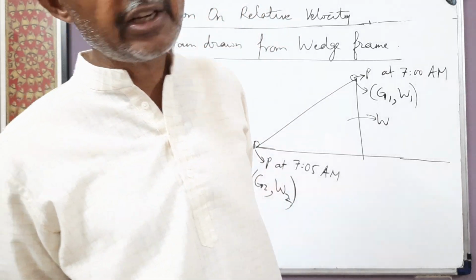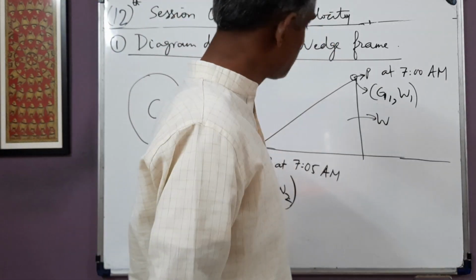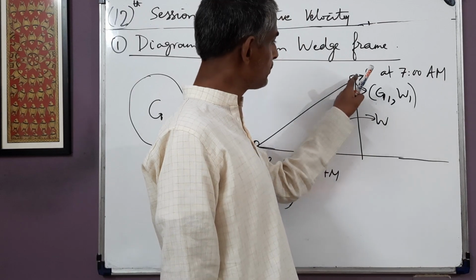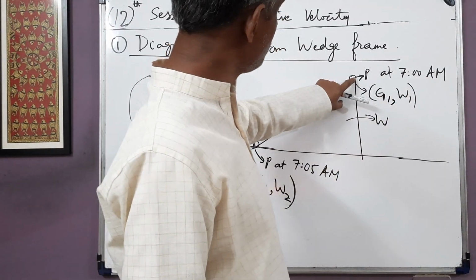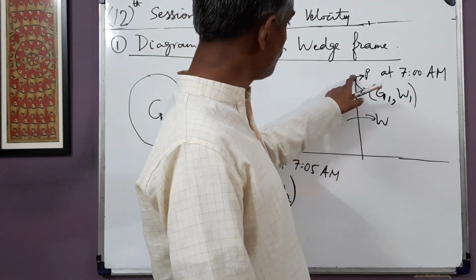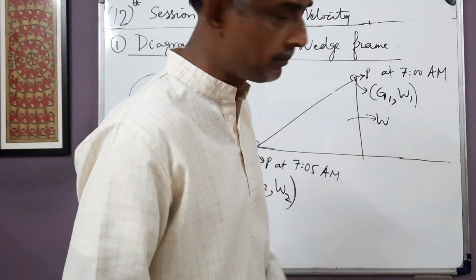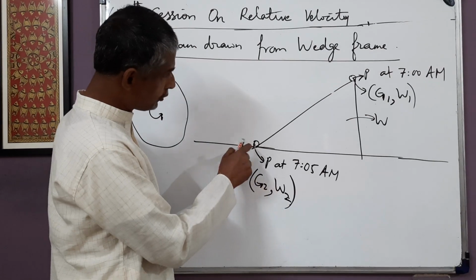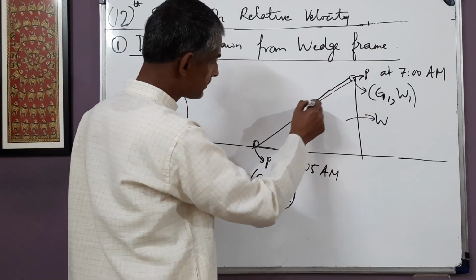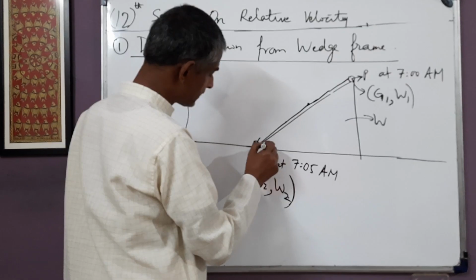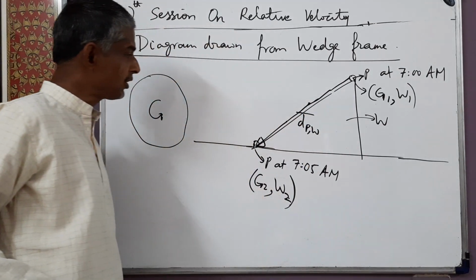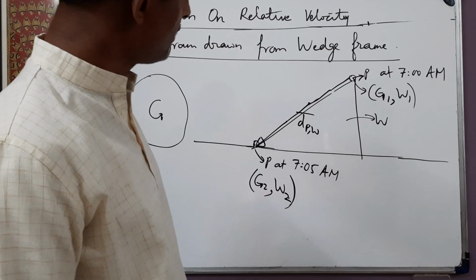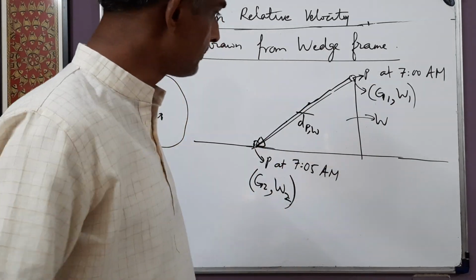So at 7:05 am W1 will appear at the same location where it was at 7 am. And at 7:05 am W2 is here. So this is the displacement of P with respect to the wedge frame in the interval 7 am to 7:05 am.